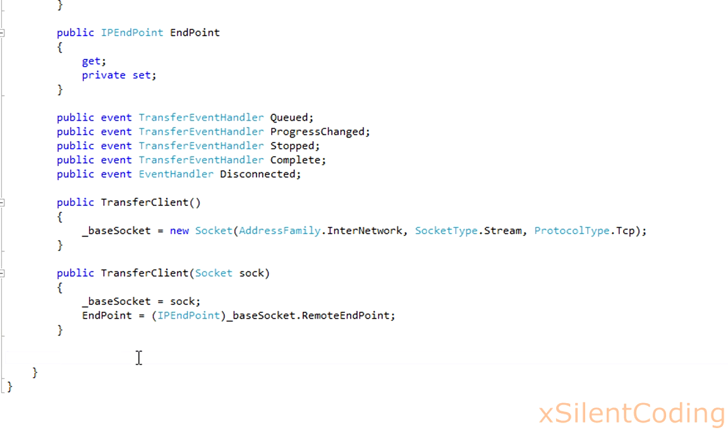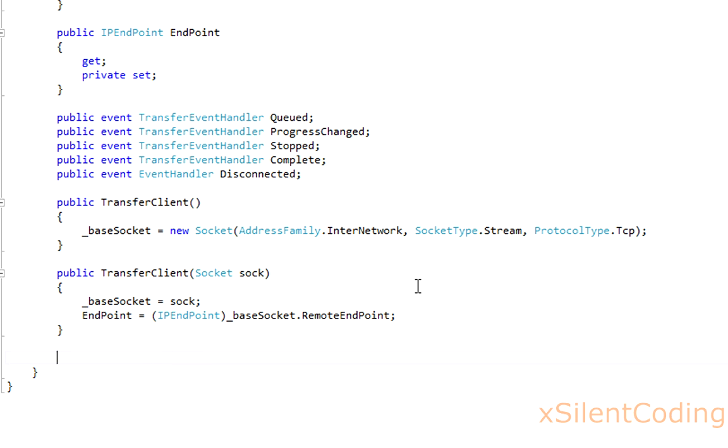So with our listener, when the socket is actually connected, we will pass it to here, and then it will set the socket and grab the endpoint. We will use the other constructor when we create our client and we want to connect to the servers, which is why we only create the socket and don't grab the endpoint, because we're not connected yet.